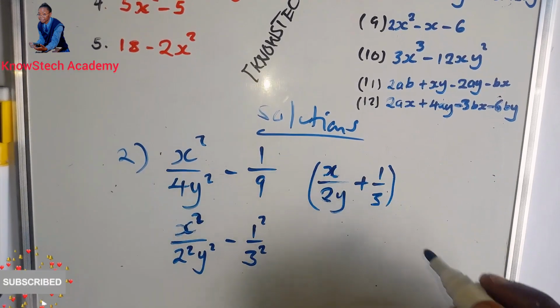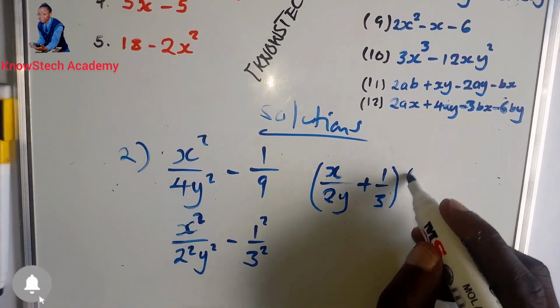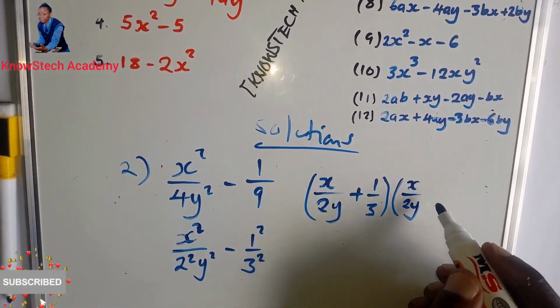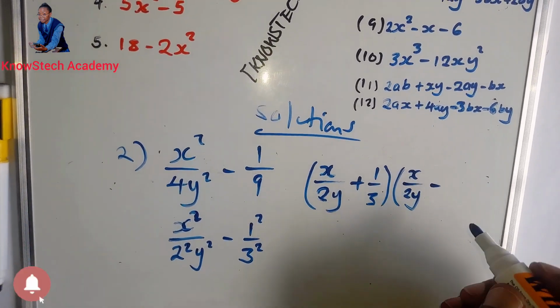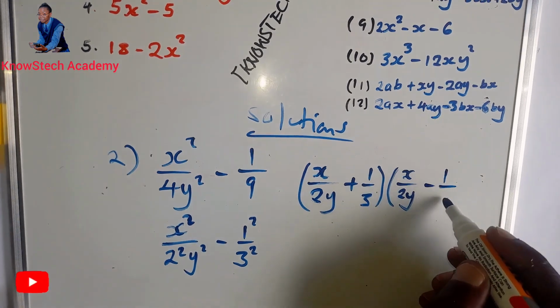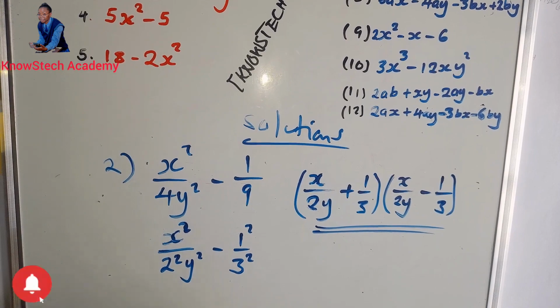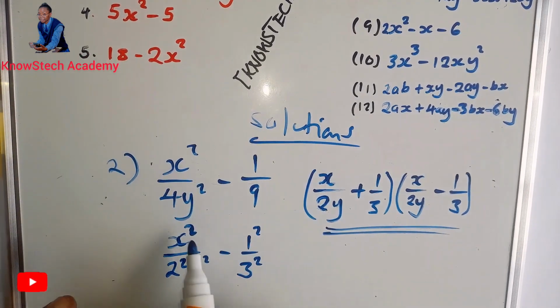This is how you write difference of 2 squares. Then open bracket, the remaining x over the remaining 2, then in this case you use minus the remaining 1 over 3. Okay, in other words, this is the answer. So we factorized this question completely.